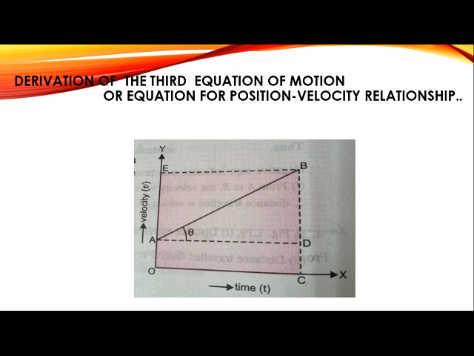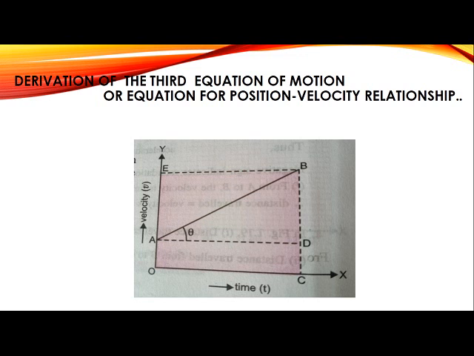Now children, when the object moves from point A to point B, or when its velocity changes from A to B, we need to find how much distance it has traveled. The distance traveled can be calculated by the area under the line segment AB.